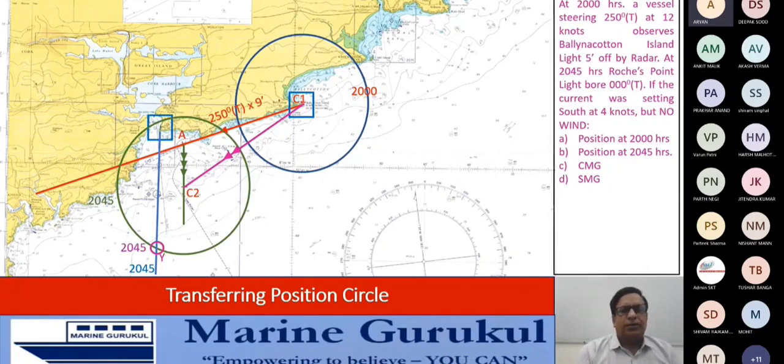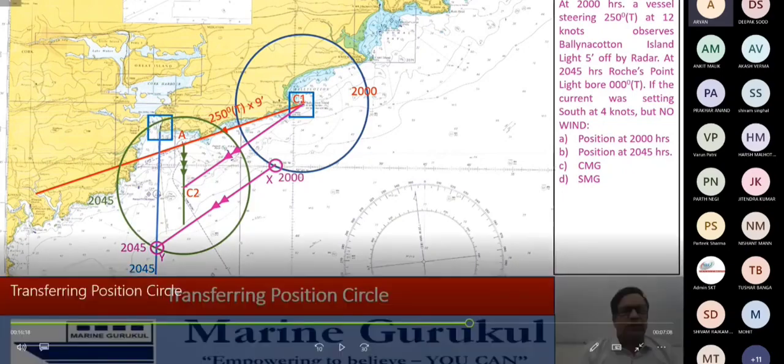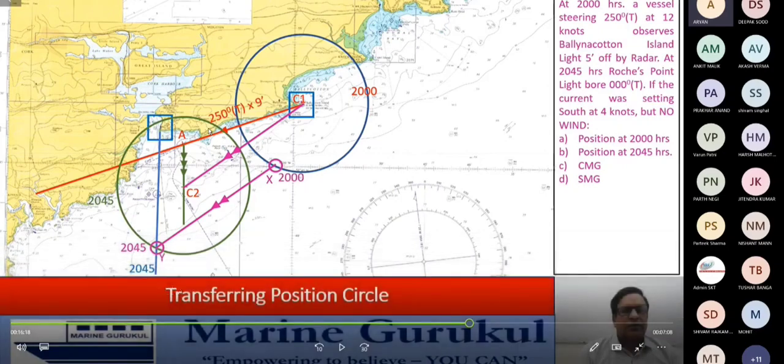Through this, we draw C1, C2 through the 2045 position, and where it cuts the 2000 hour position circle becomes point X, the position at 2000 hours. So beta, have a good look at the plot and let me know the doubts.